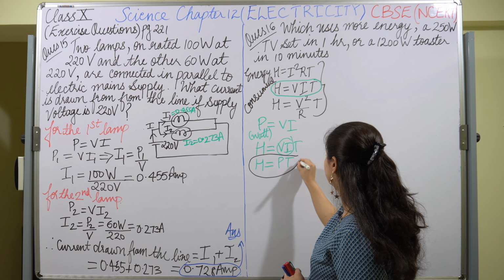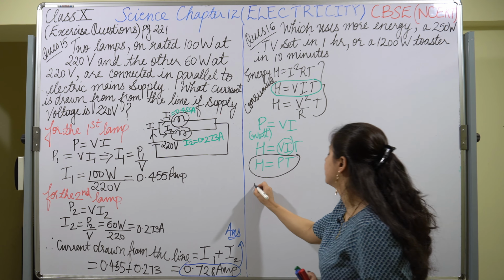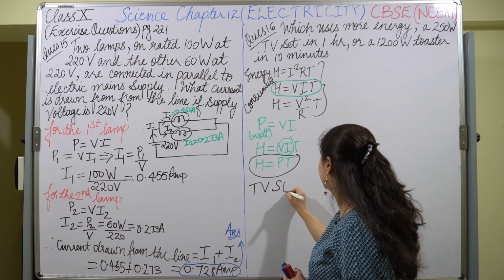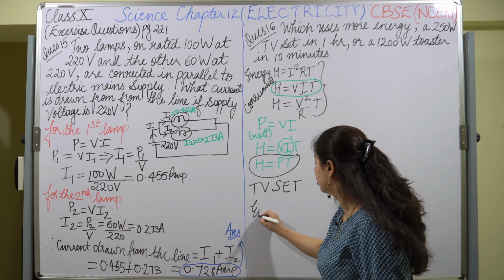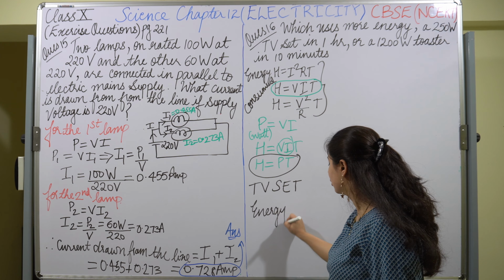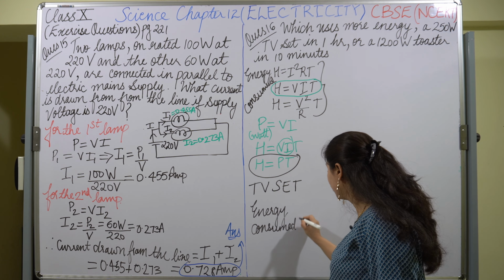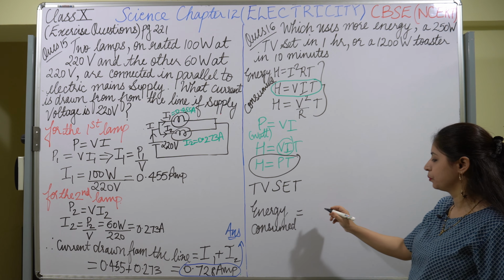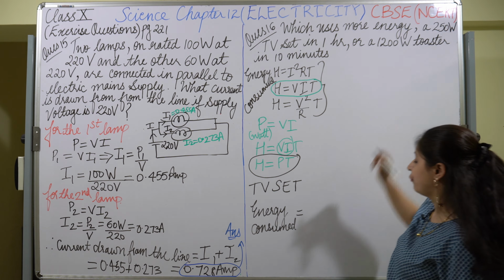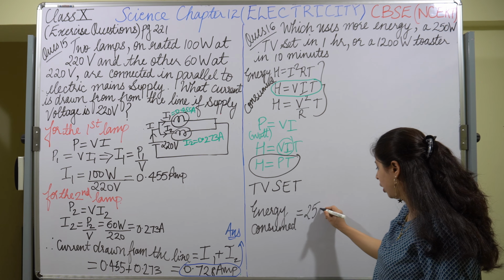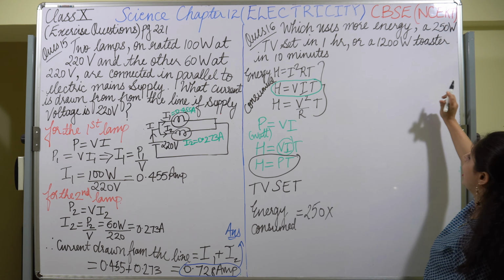Let us take first the TV set. For the TV set, energy consumed will be equal to PT. P is given to us as 250 watts, and time is given as 1 hour.